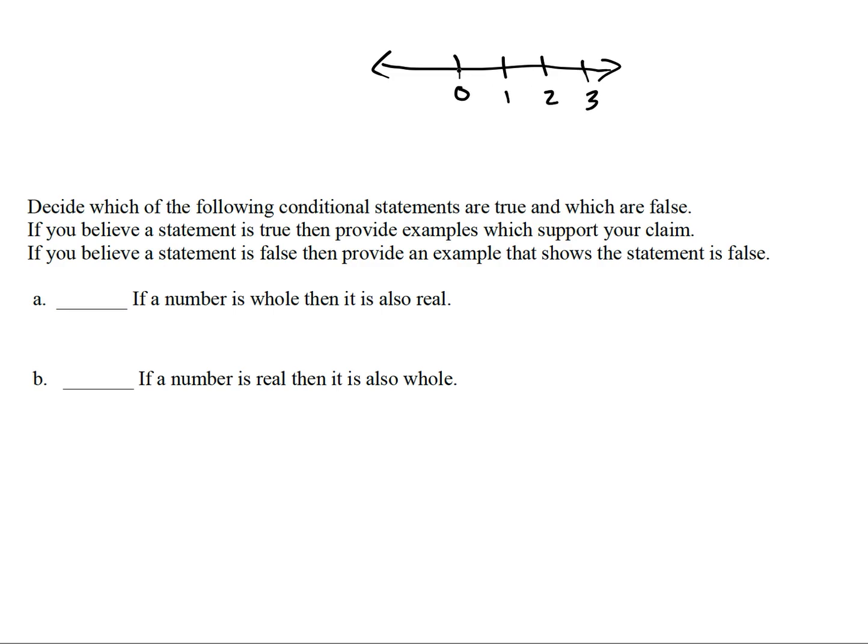So here's just a few examples of them. And they go on forever, but they're only on the hatch marks. That's the wholes. Now we should also look at the reals. If you recall, the reals were everywhere on the number line.